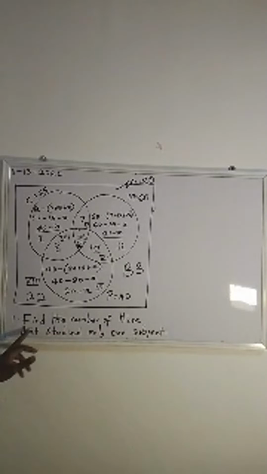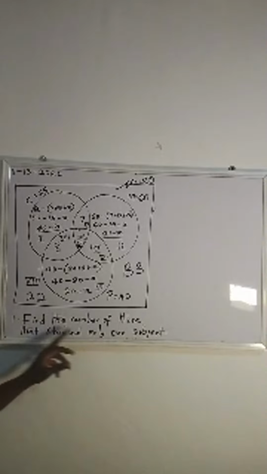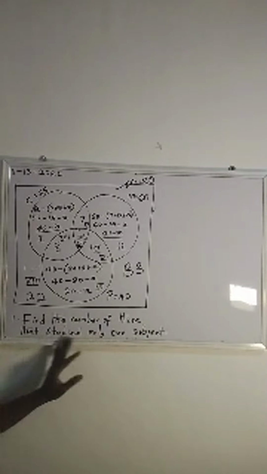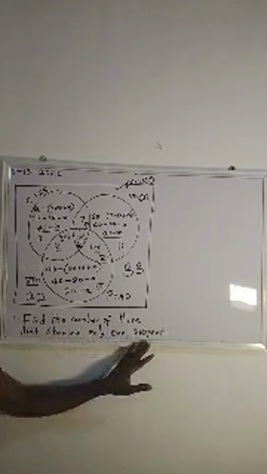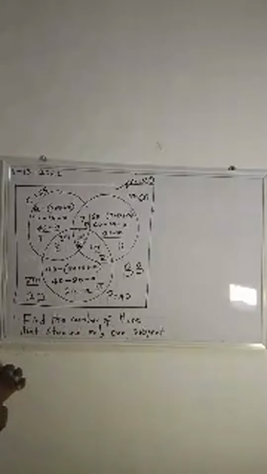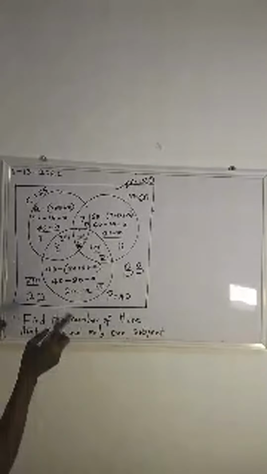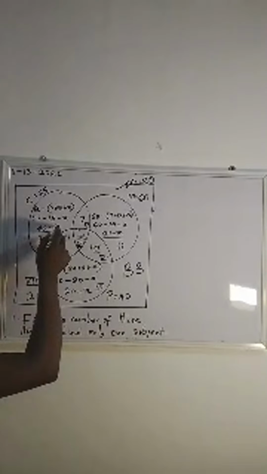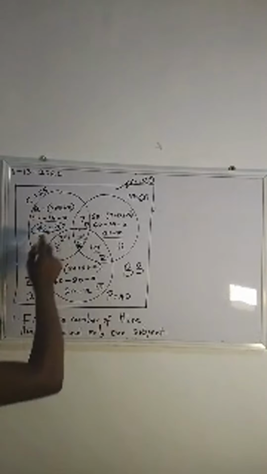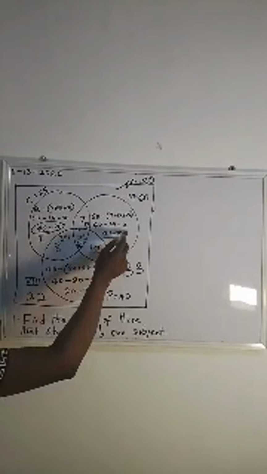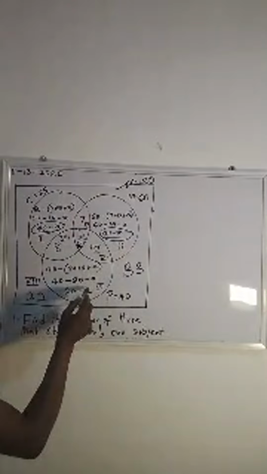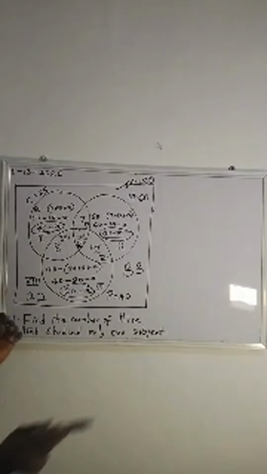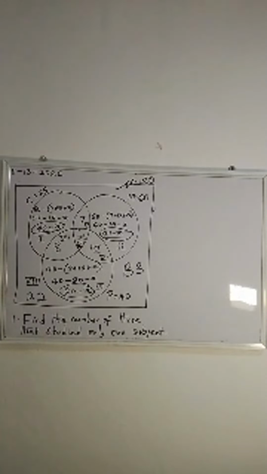Now, what the question is asking us to find is the number of those that study only one subject. Only one subject. What the question is asking for is for you to give us the number of those that study only chemistry, only mathematics, and only physics. Add the numbers together. So that is what we want to do now.